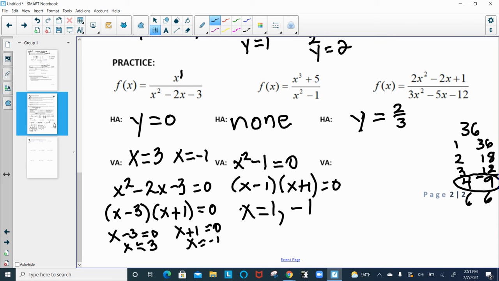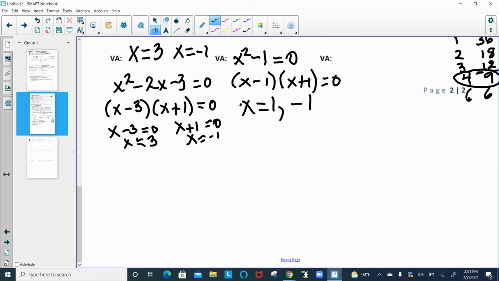So how do I factor that? I'm going to extend myself down some room here. So what I do is I use grouping. I take the first term and the last term, and I get rid of the middle term as negative 5x, but I replace it with those two factors.